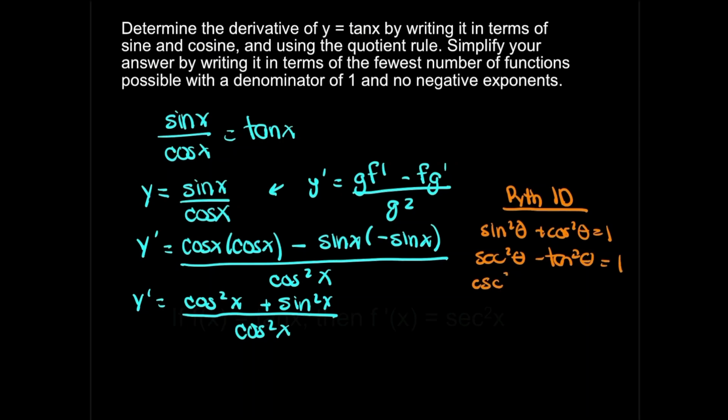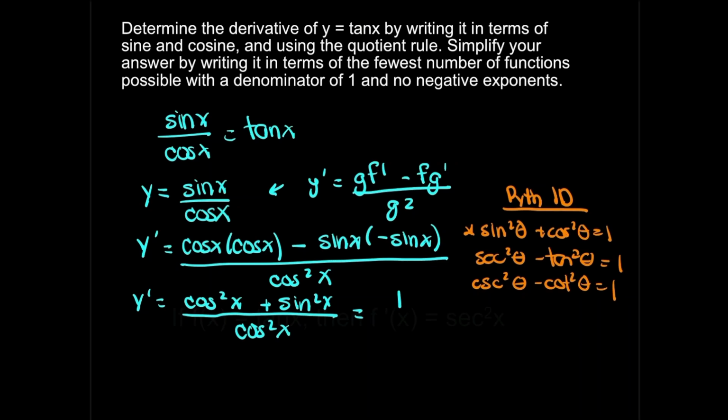And cosecant squared theta minus cotan squared theta is equal to 1. So what we're looking to do here is to figure out which one of these works. Well, we have cos squared x plus sine squared x. So that fits into our first one right here. So the top of this will then equal 1, because sine squared theta plus cosine squared theta equals 1. And on the bottom, we have cos squared theta.